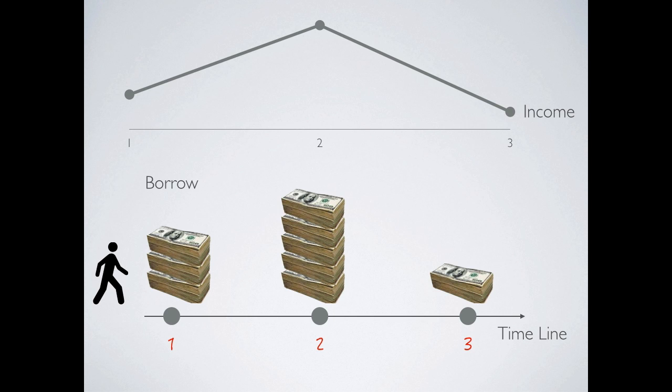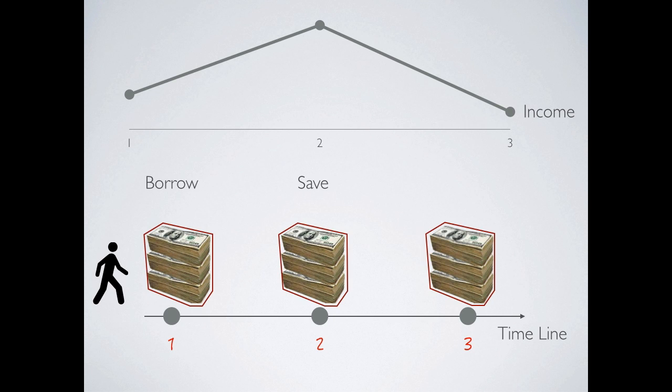And when he is in period 2, he can try to save some money for period 3. In this kind of arrangement, he will be able to achieve smooth consumption for the whole 3 periods. He will be able to consume 3 piles of cash in each period. Therefore, his consumption pattern will be very flat, very smooth. This is called consumption smoothing.